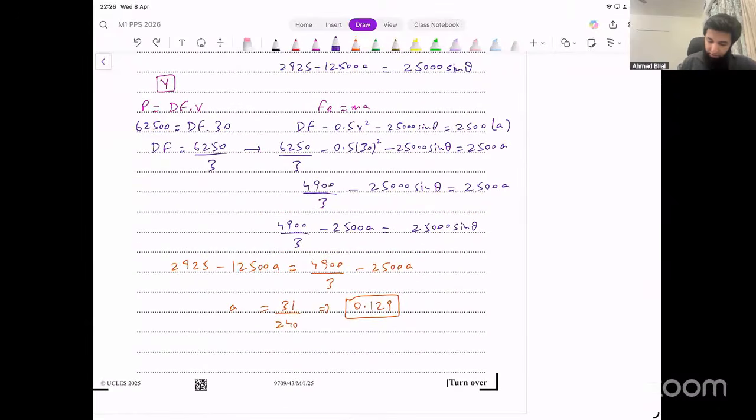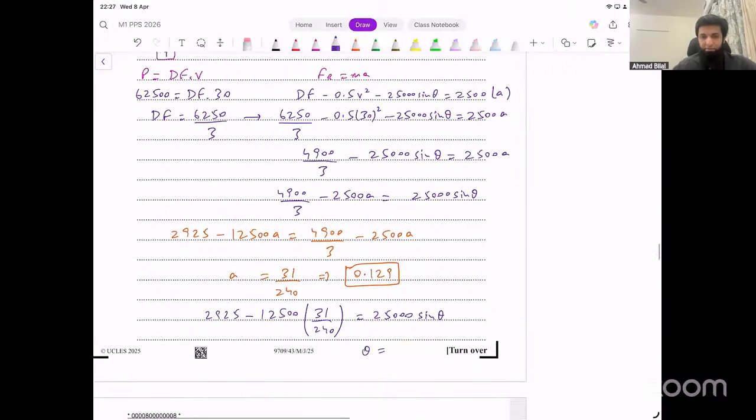What do you get from that? 2925 minus 12,500 times 31 over 240. I'm putting in this equation. That equals 25,000 times sin theta. You can see what value of theta you're getting from this now.